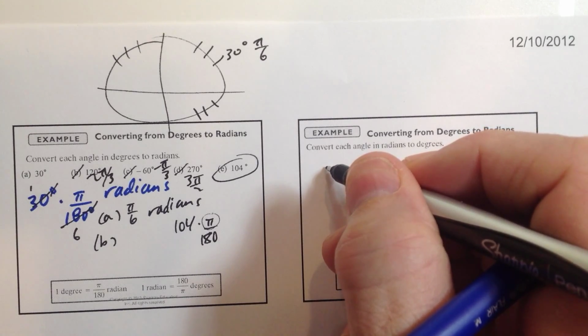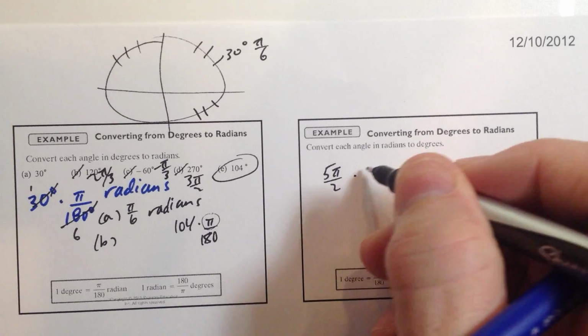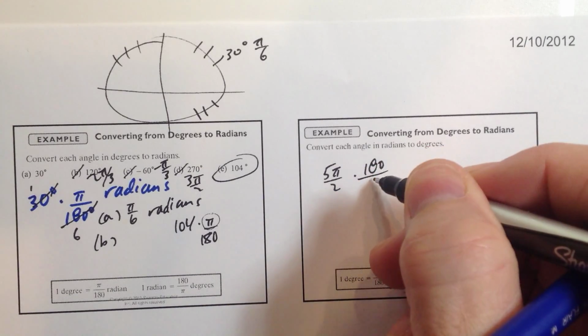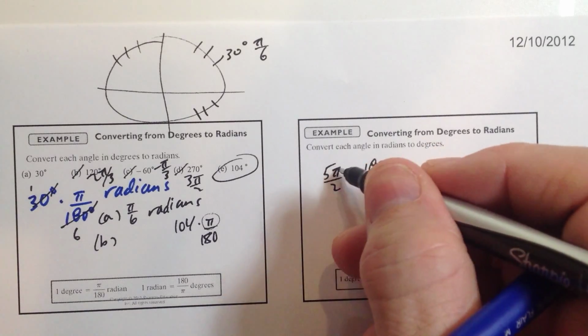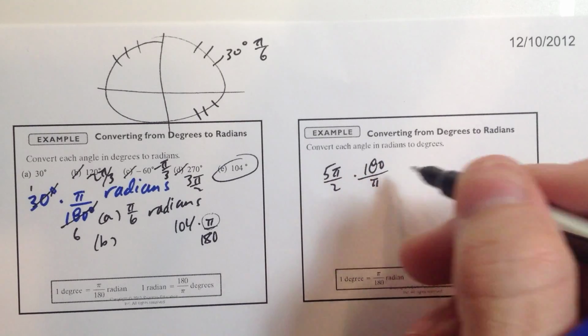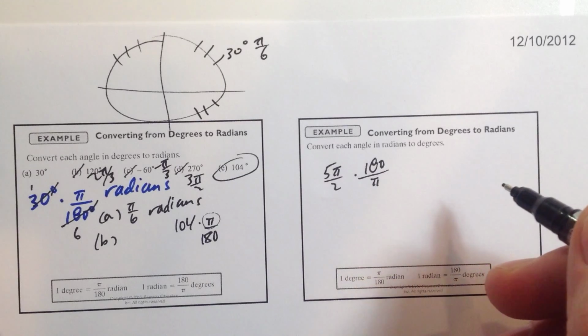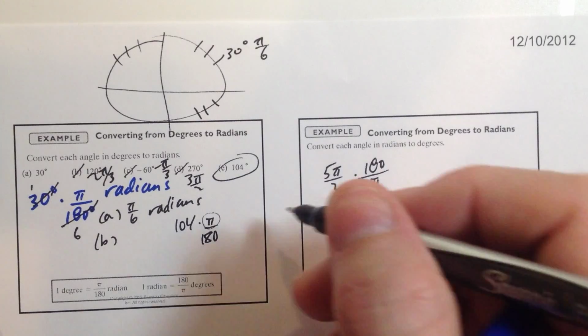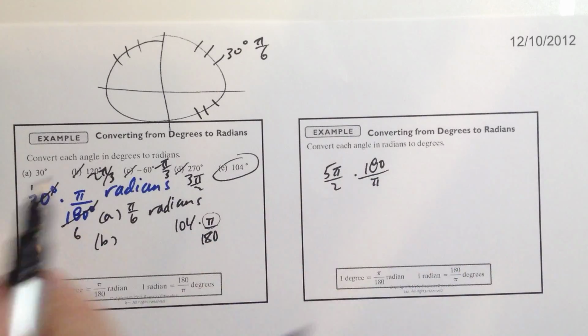So like, let's say we do 5 pi over 2 radians. If I multiply by 180 over pi, I'm going to get rid of the pi's. If I did pi over 180 here, I'd get 5 pi squared over 360, and you don't usually see a pi squared when you're dealing with degrees. It doesn't mean you can't, but you don't usually see it. Anyway, 104 over 180, okay.